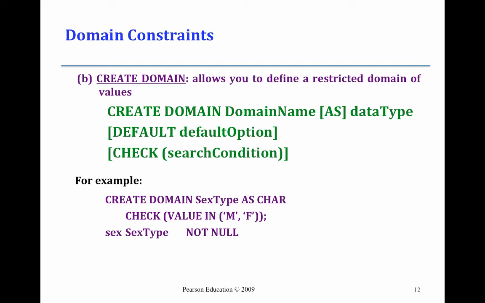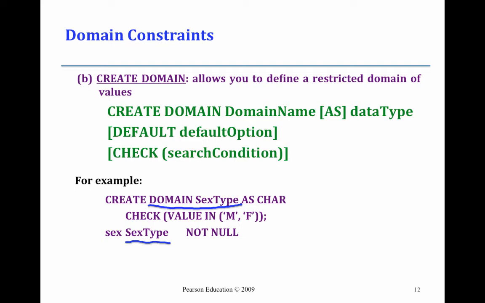You can create a domain and then use that as essentially that enumerated type in your subsequent declarations. So here we're declaring a domain called sex type. Probably a better word the book could use would be gender type, but that's what they use. And now you can use that when you're declaring a column attribute.